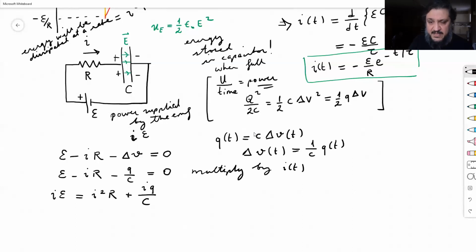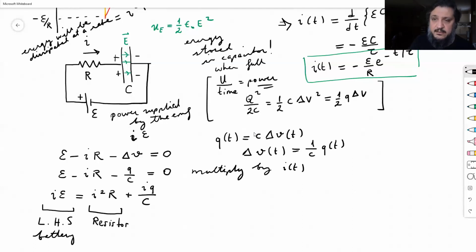The left-hand side has to do with the battery, the power supplied by the battery. The first term on the right-hand side is the resistor, the power dissipated at the resistor. And now this is the rate of energy stored in the capacitor.